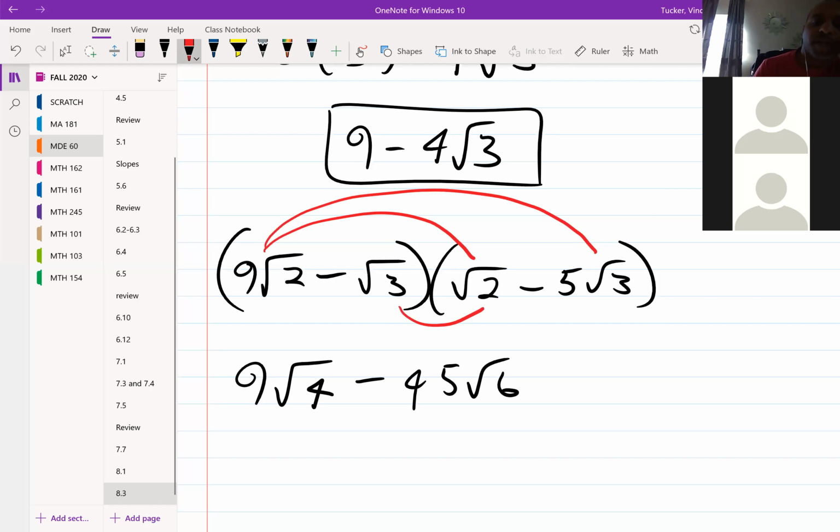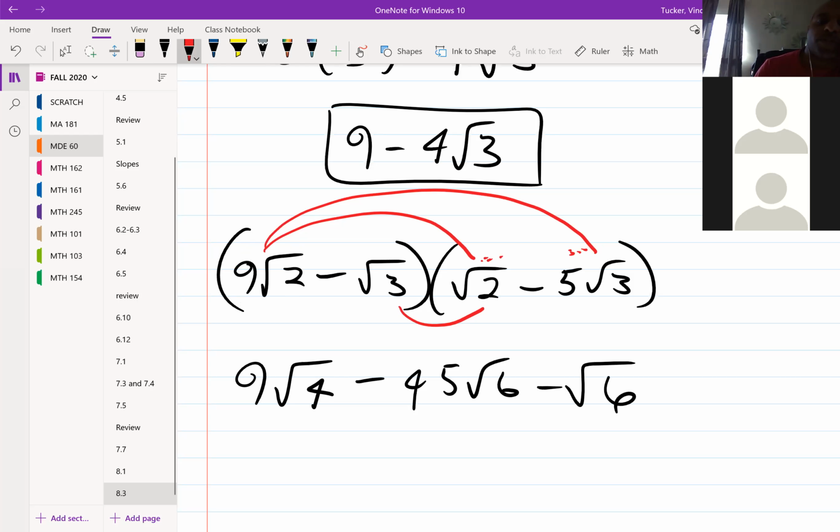And here, negative square root of 3 times the square root of 2, which is negative square root of 6. So you said multiply the 9 times the square root of 2? Yeah, we have 9 square root of 2 that we're distributing into this other parentheses over here. That was the first step.